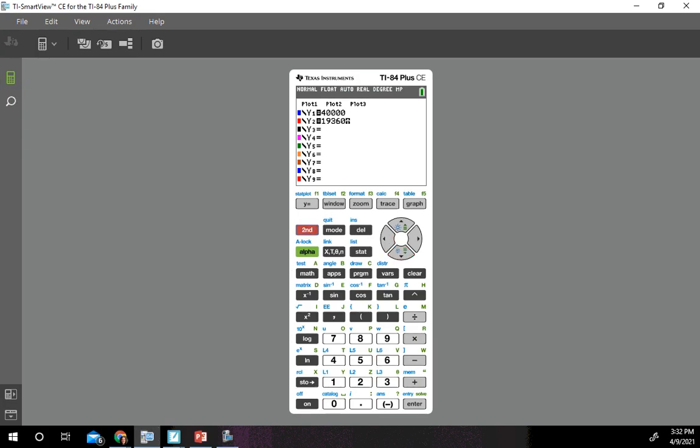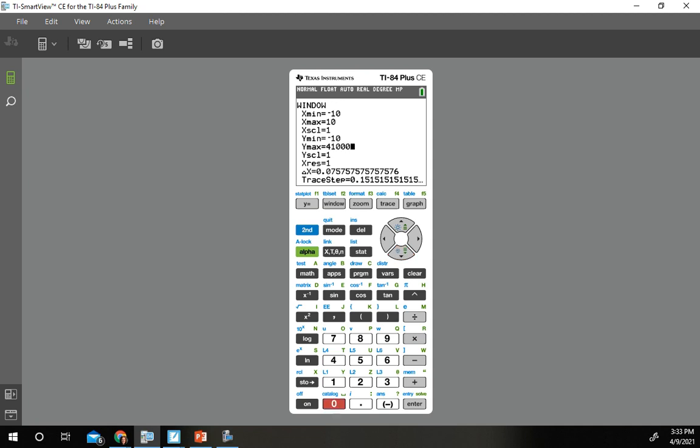19360 times e to the 0.029 x. Okay, I'm going to change my window. I already know it has to go up to 40,000. So for my y max, I'm going to say 41,000 and see if I can see it. Nope, I have to change how far I go to the right. So I'm going to change my x max.